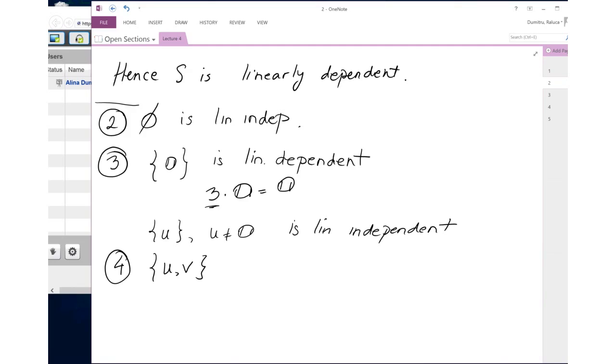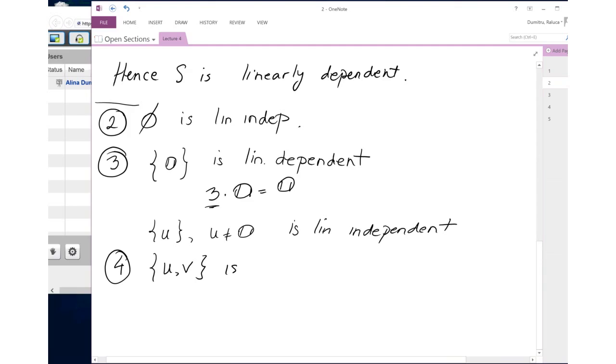What if I have two vectors in my set? When would this set be dependent? When would it be independent? With a multiple of the other. Dependent, okay.